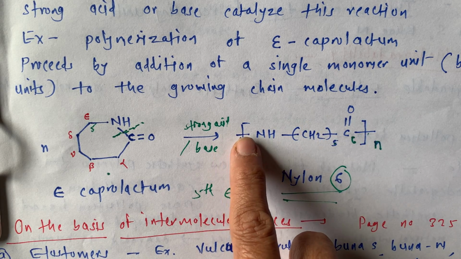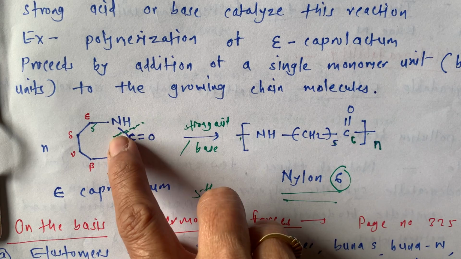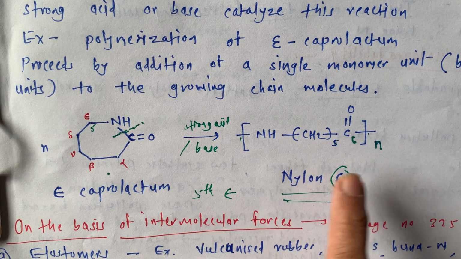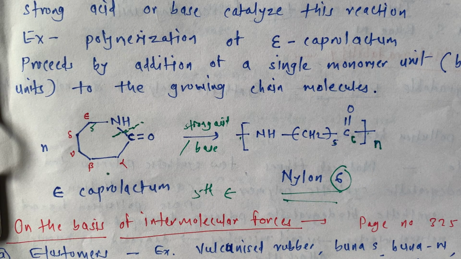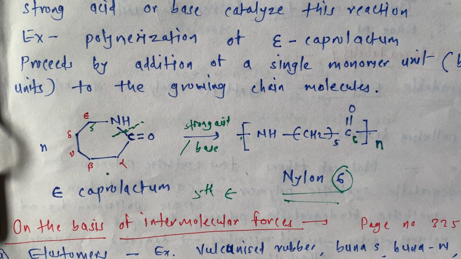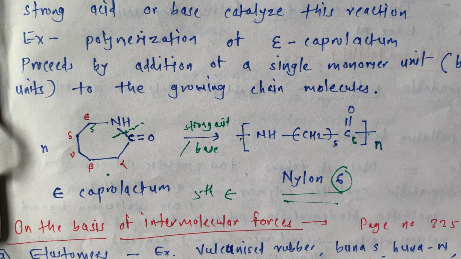Here is the open end, here is the breaking of bond, and then we get this polymer, that is n number of monomers attached to each other.